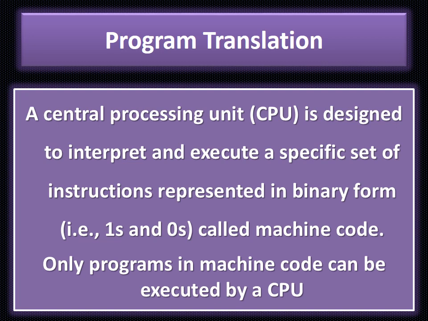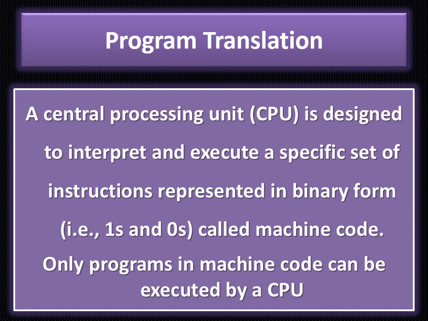Program translation. A central processing unit, CPU, is designed to interpret and execute a specific set of instructions represented in binary form, i.e., 1s and 0s, called machine code.